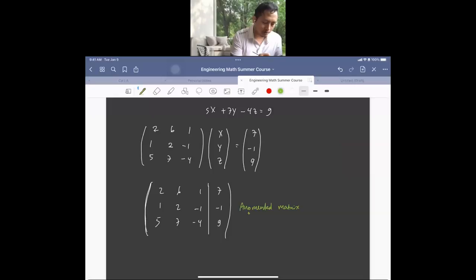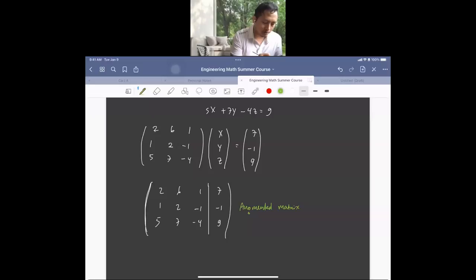And to solve this, we may use the row echelon operations, or elementary row operations. If you remember, it's related to the Gaussian elimination method or Gauss-Jordan elimination method.